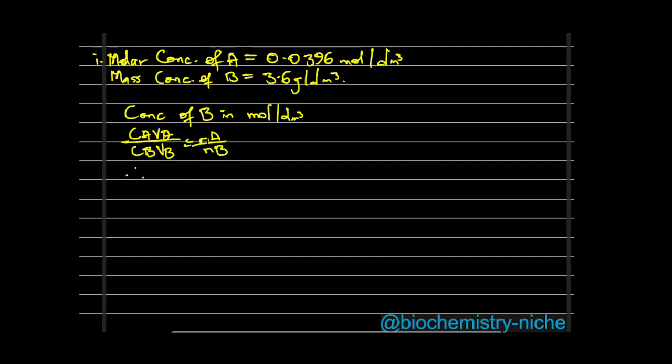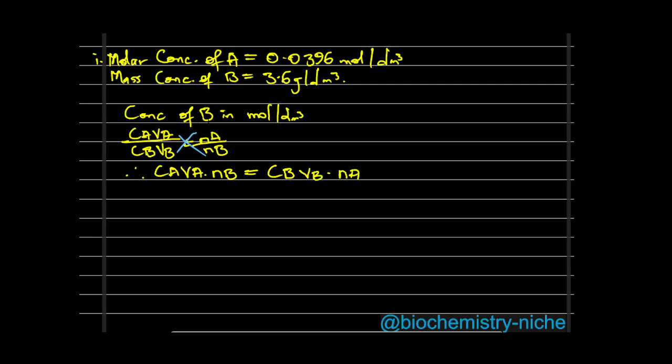Now, let us quickly cross multiply. If we cross multiply, we'll be having CAVA NB equals CBVB NA.